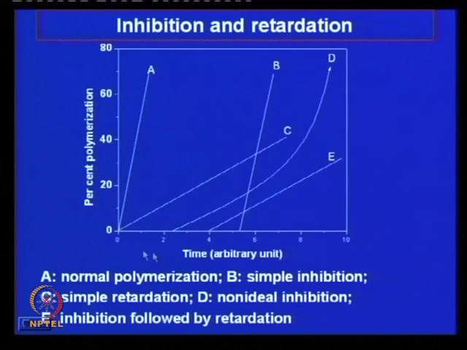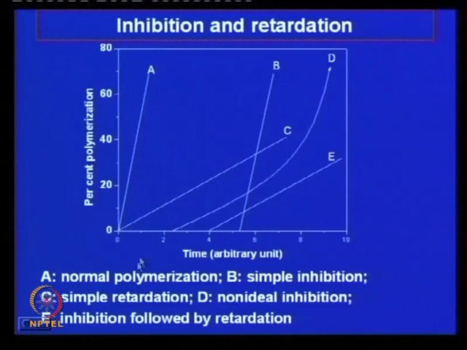In the case of normal polymerization, you see the rate is very high, that means 70% conversion can be achieved within, say, 1 minute, suppose. With 70% conversion, 30% of the monomer will remain unreacted and 70% of the monomer will be converted to polymer.